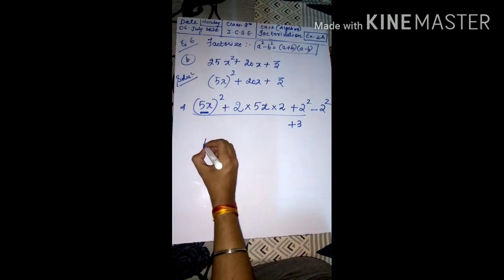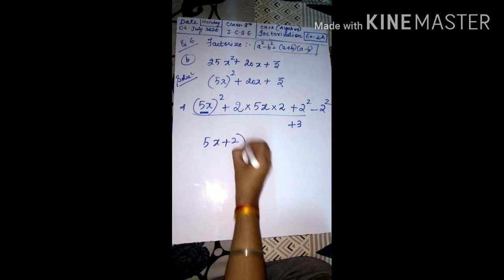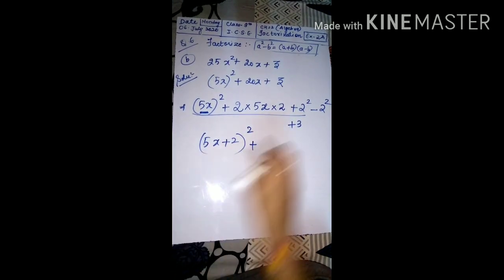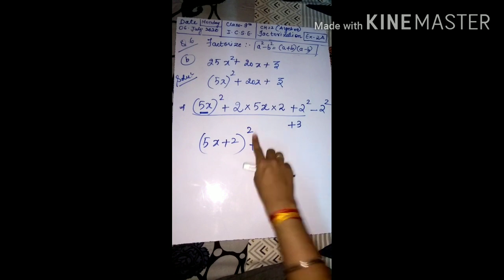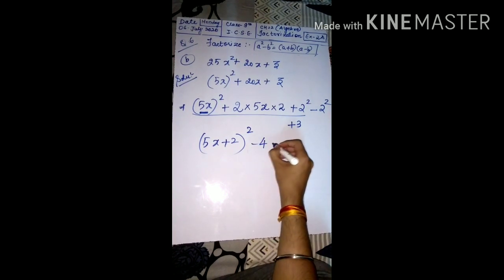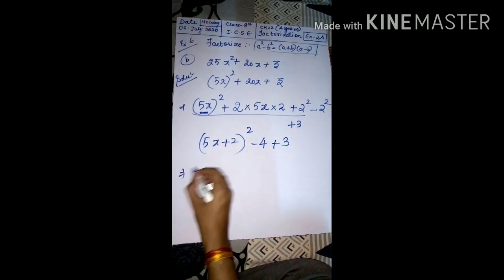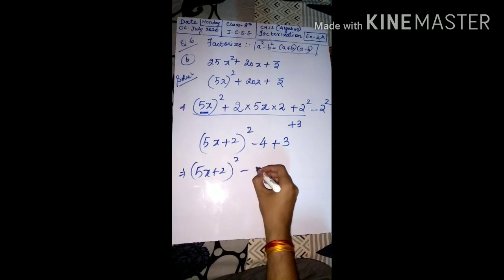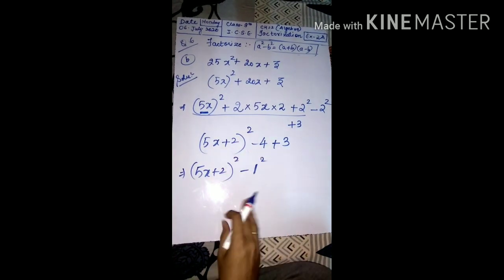So in place of this we can write 5x plus 2 the whole square, plus this minus 2 square, which will be minus 4 plus 3. Then 5x plus 2 the whole square minus 1. 1 can be written as 1 square.